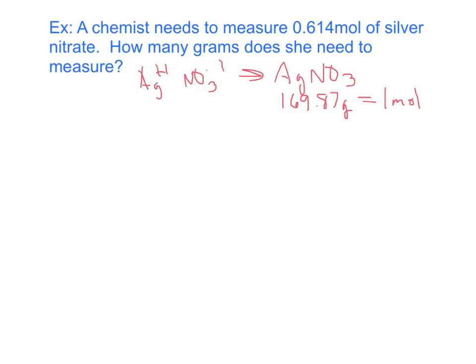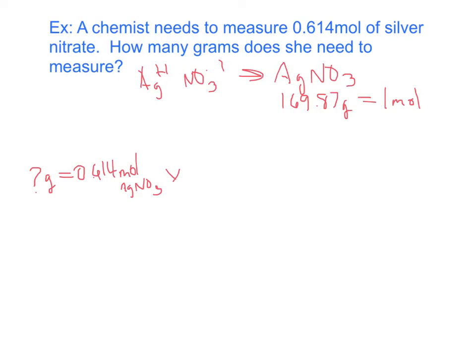All right, so we get started. So we're going to use my method here now, which is the same thing. How many grams are we going to need to get 0.614 moles of AgNO3?